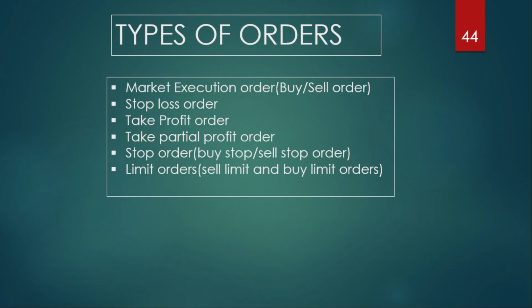And then we have what we call stop orders, buy stops and sell stops, which are orders that you want the market to execute when the price reaches a certain point. That is, to execute your buy orders to continue buying, or to execute your sell orders, when the price reaches a certain point, or to execute sell orders if the market was still going up and you predict the market will be going down at a certain price point, or to execute buy orders when the market was going down, when you anticipate that when the market reaches a certain price point, the market will go up.